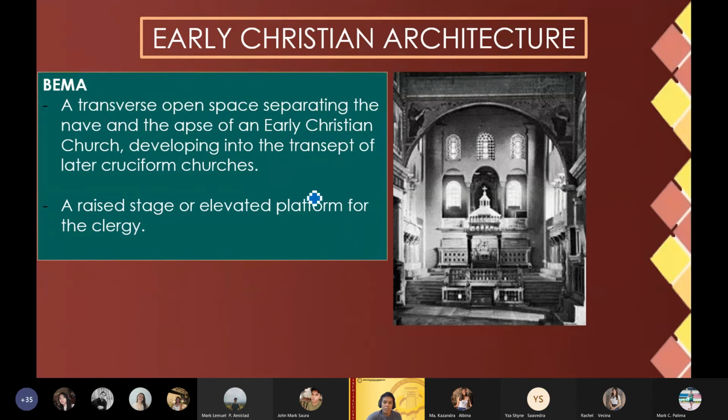This one here is the sanctuary portion, the part where the altar is. The bema is this part.